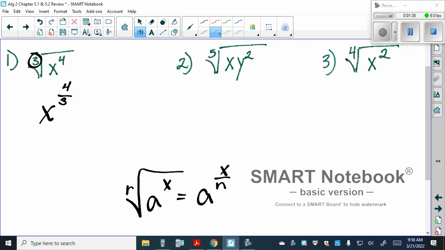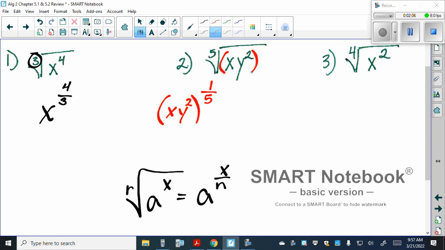Now, when we look at the second one, we have the fifth root of x times y squared. We can apply it to both x and y squared, and the bottom would be 5, because that's our root. But what would the numerator be? 1, because we talked about it as a whole term.